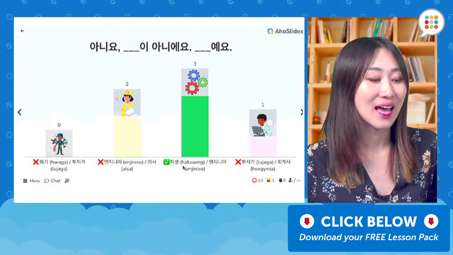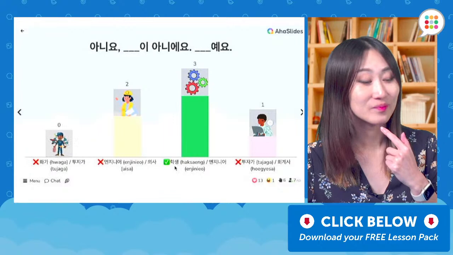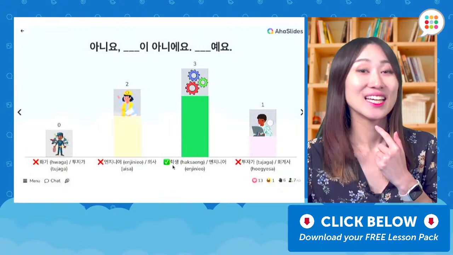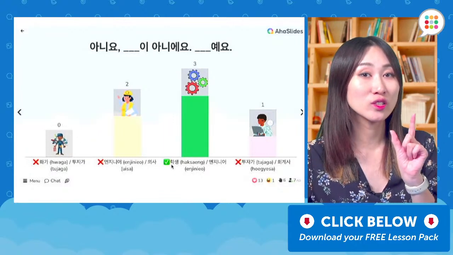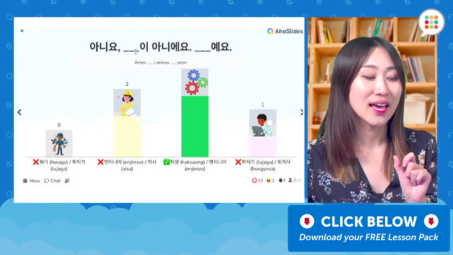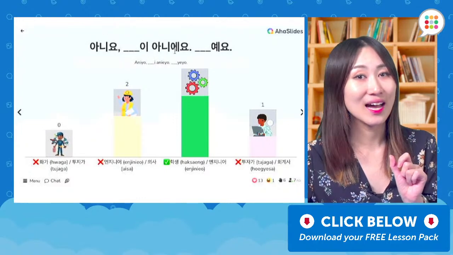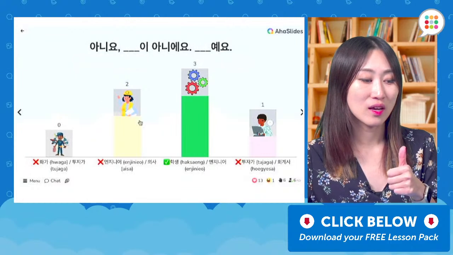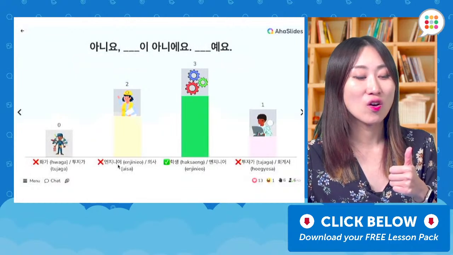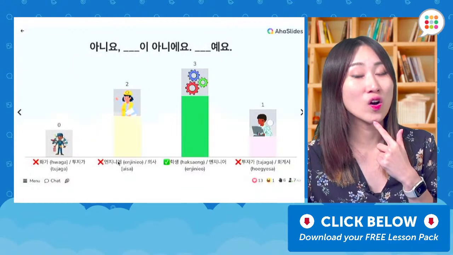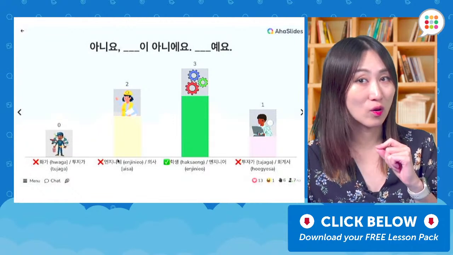Why? Because 학생, it ends with a consonant. So we say 학생이 아니에요. 학생이 아니에요 is okay. But engineer, it ends with a vowel, not consonant.